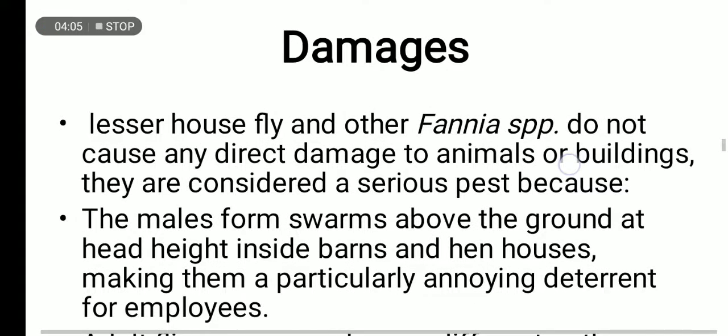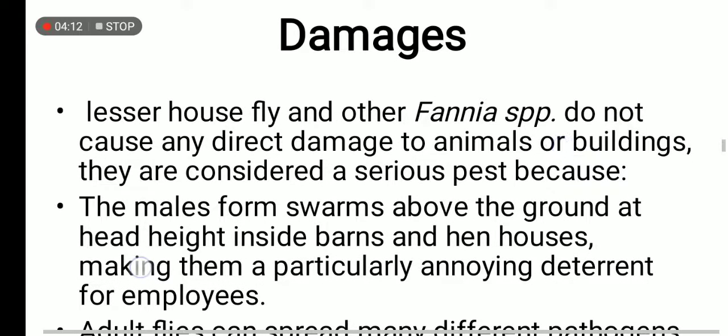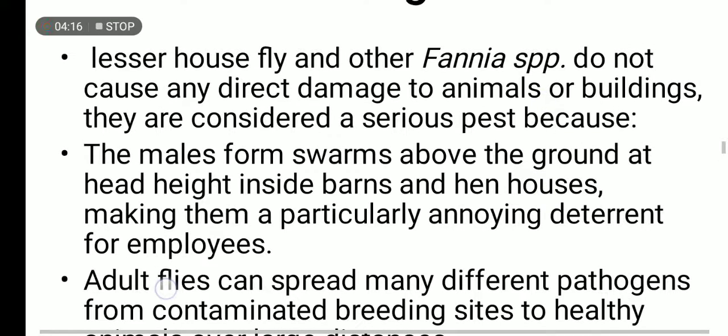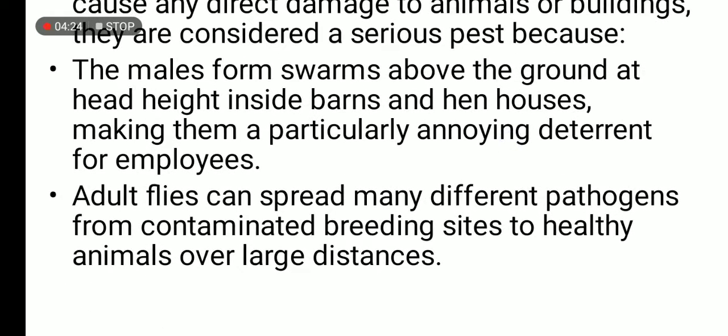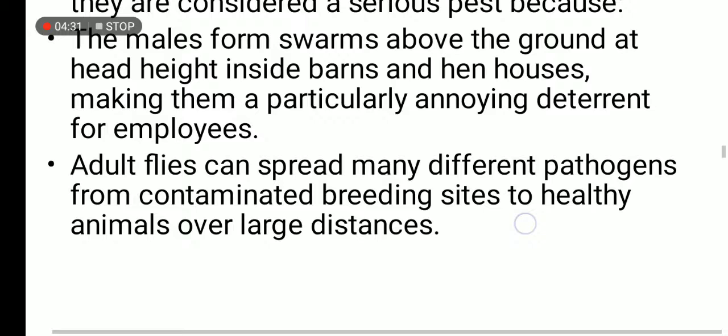What damage is caused by the lesser housefly in the environment? They do not cause any direct damage to the animals or the buildings, but they are considered a serious pest because males form swarms, causing noise which is annoying for the employees or persons in the buildings below these swarms.